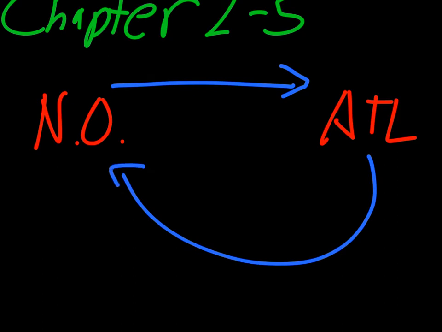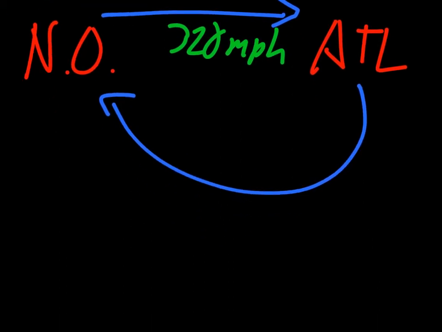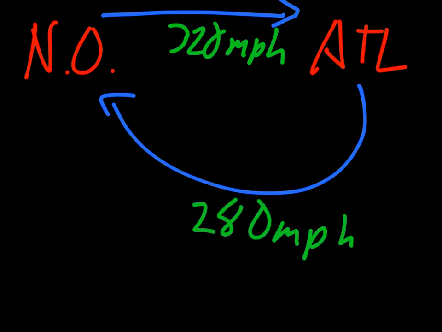So going from New Orleans to Atlanta, they were going at a rate of 320 miles per hour. That's the plane going that fast. And then the plane returns at a rate of 280 miles per hour. Obviously, going from Atlanta to New Orleans, they were going slower, right? Yes.